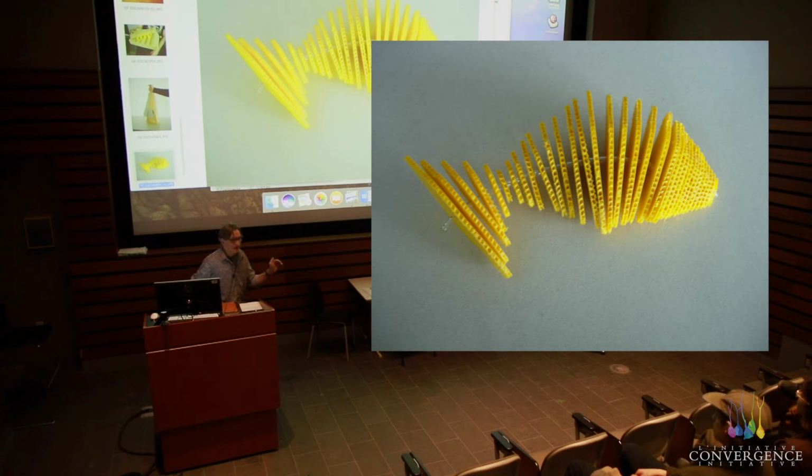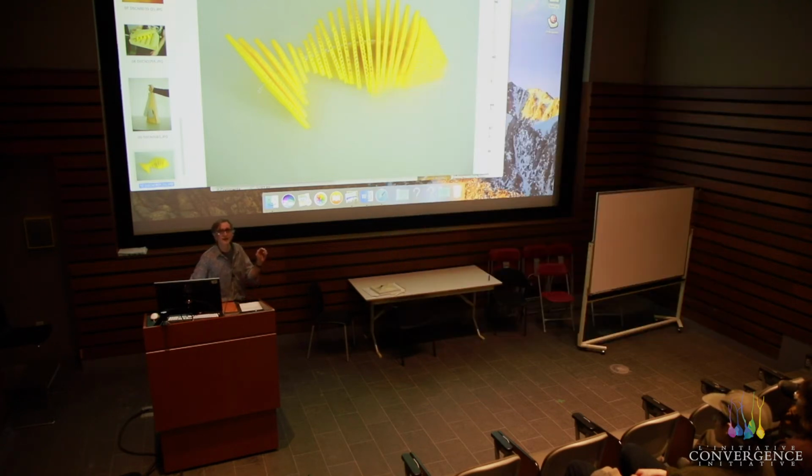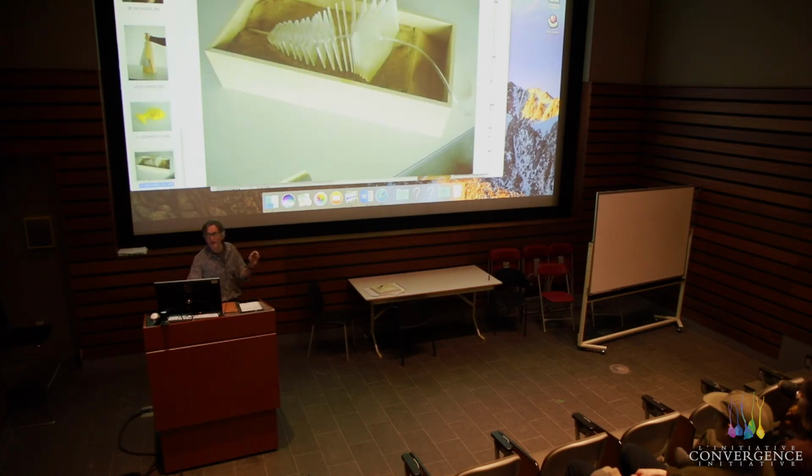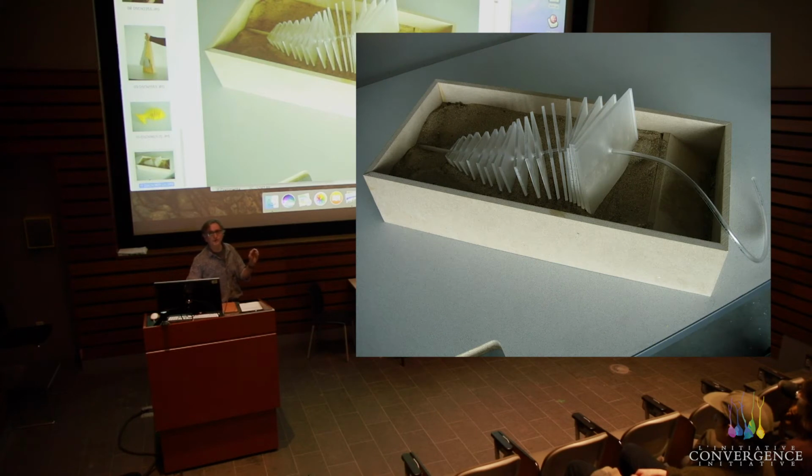The water stays in place, the fish moves. Doesn't necessarily have to be that way, because you can also make it so the fish moves, but it transports the water rather than it propels itself.